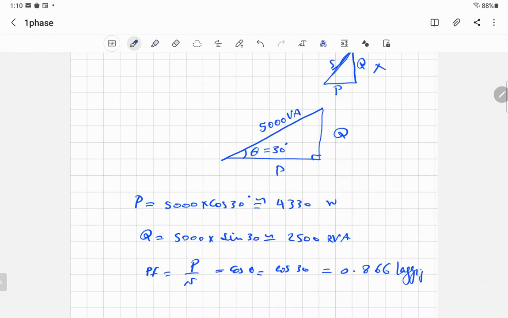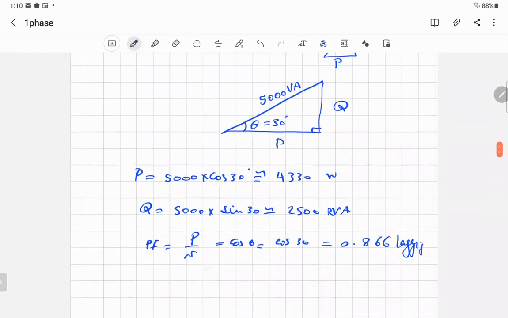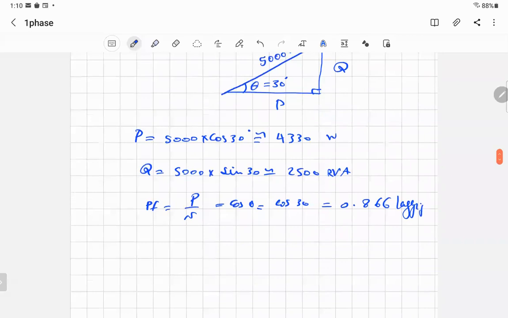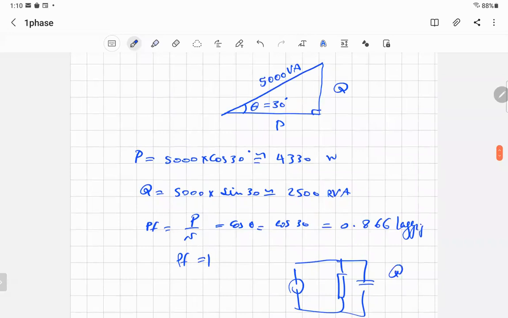Just 1 minute to correct this power factor. Let's say the ideal case. I want to correct it to unity power factor. I'm very greedy, and I'm going to have the power factor equal to 1. So what you will do, I will add to the load a capacitor, and this capacitor should produce Q equal to 2500 to make it unity.